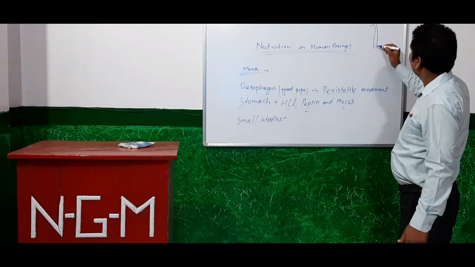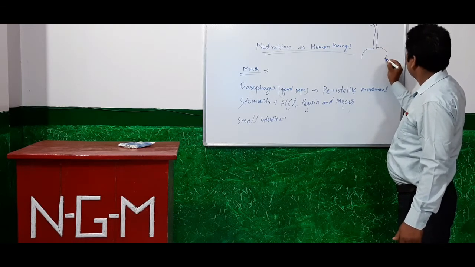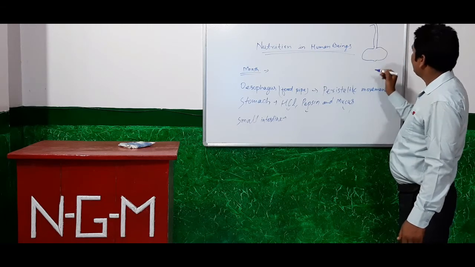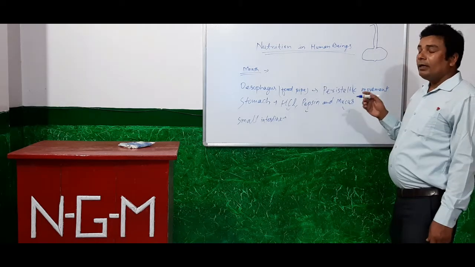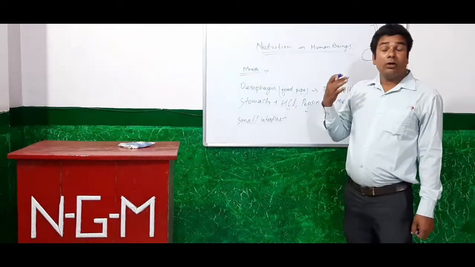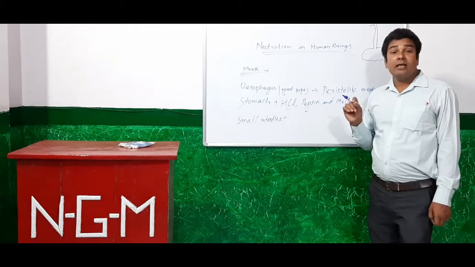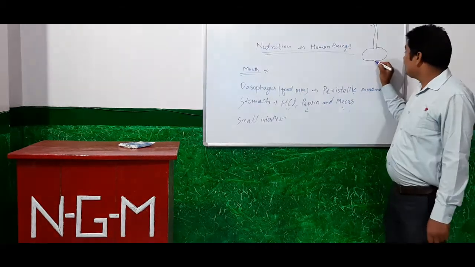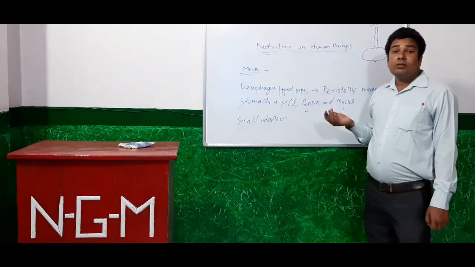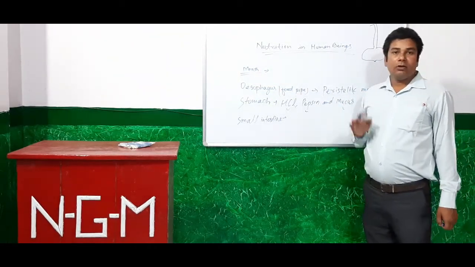This is the food pack, this is the stomach. There is also an important thing in our whole digestive tract or alimentary canal. There are many sphincters present which allow just the proper amount of food to pass into the next section of the body.